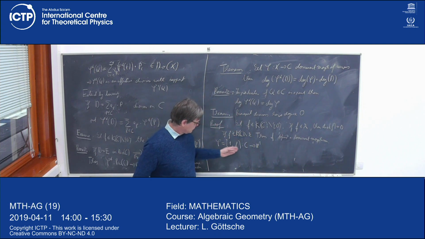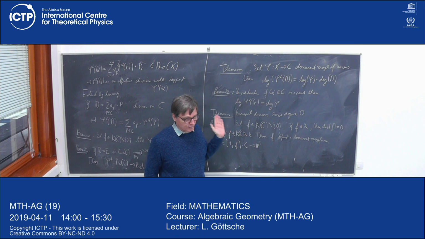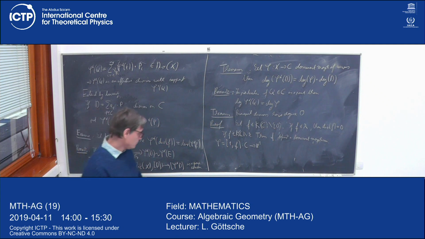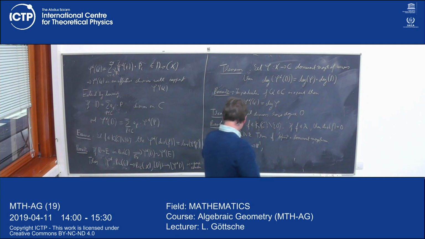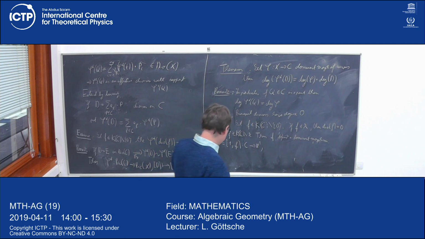These are both rational functions, and this defines a rational function. We anyway know it can be extended to a morphism by a theorem as before, but we will actually need the explicit extension. And it's certainly dominant, because dominant means that the image is dense, and for a curve that just means that the image is not just one point, which we have just excluded. And then we know that if the image is dense, it actually has to be surjective.